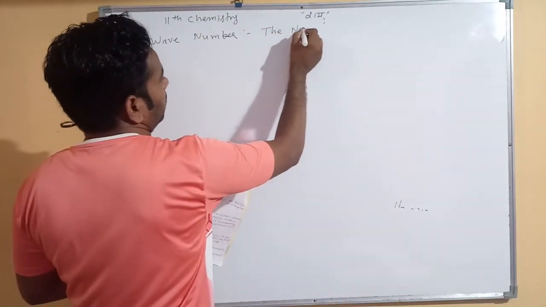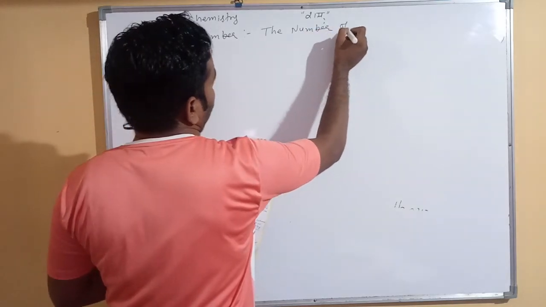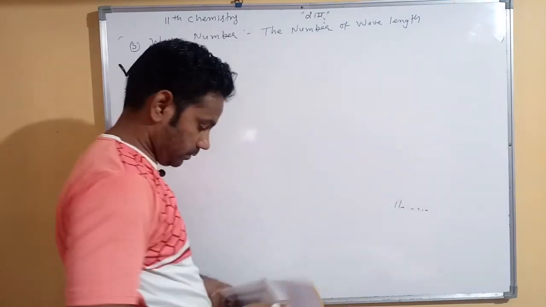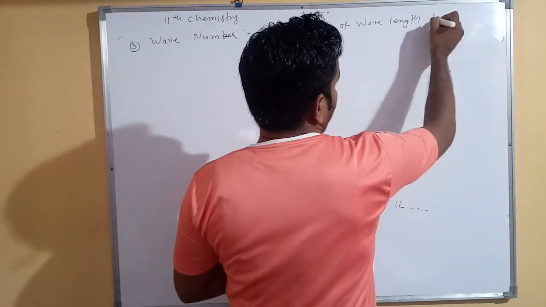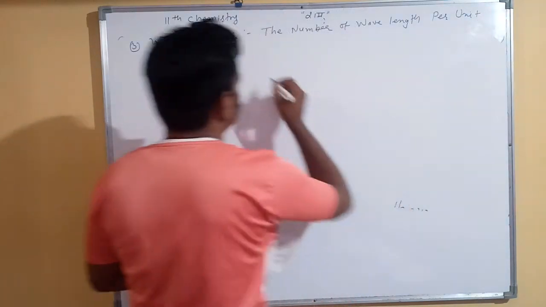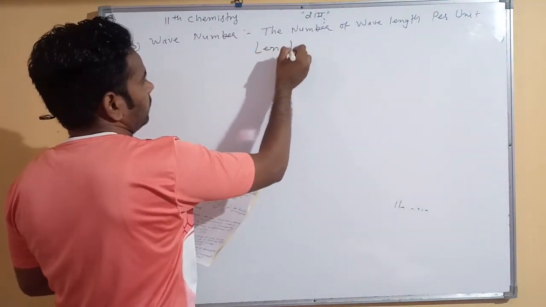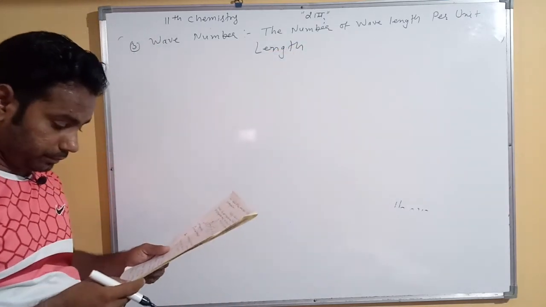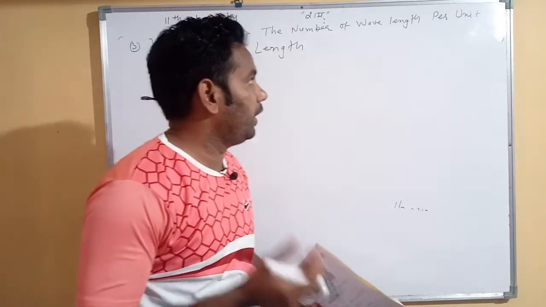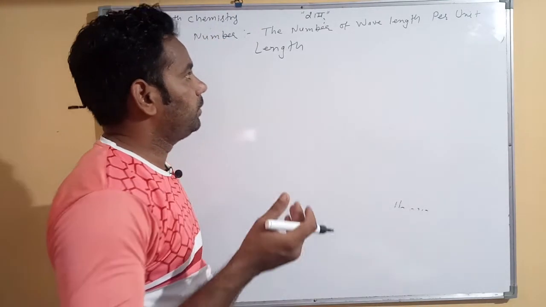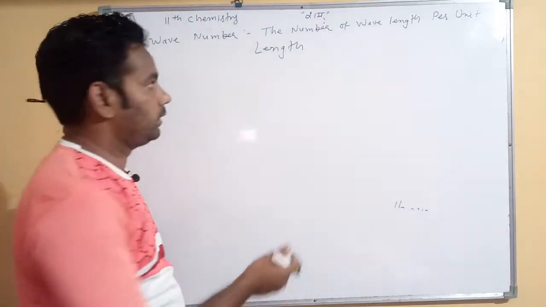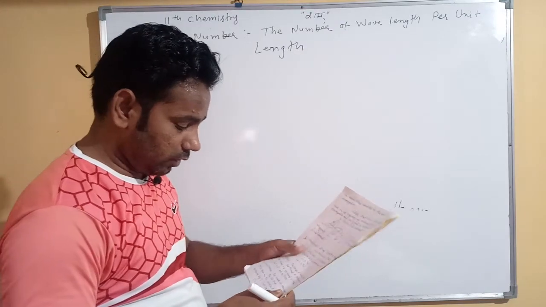The number of wavelengths per unit length is called wave number. Per unit length. Okay, per unit length.